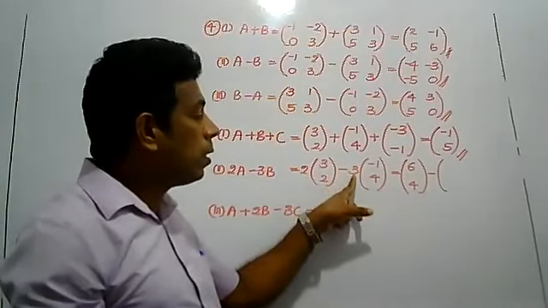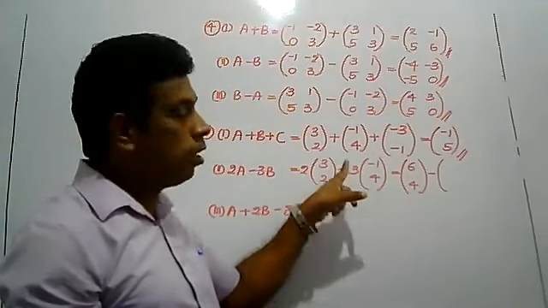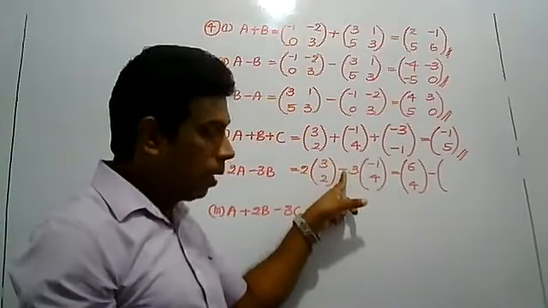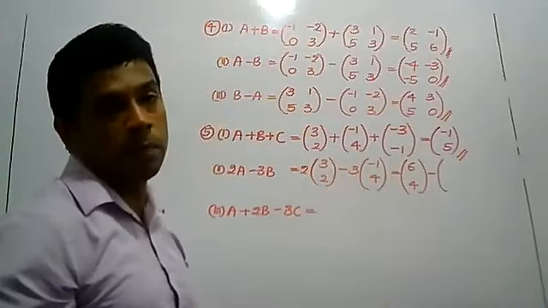If you multiply by minus 3, the sign becomes plus.